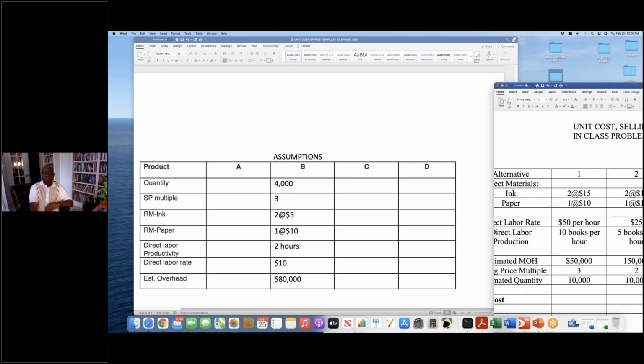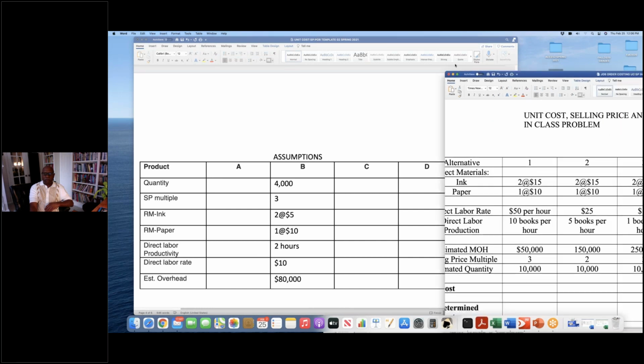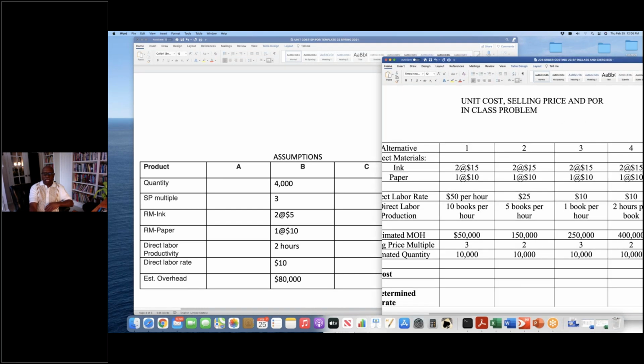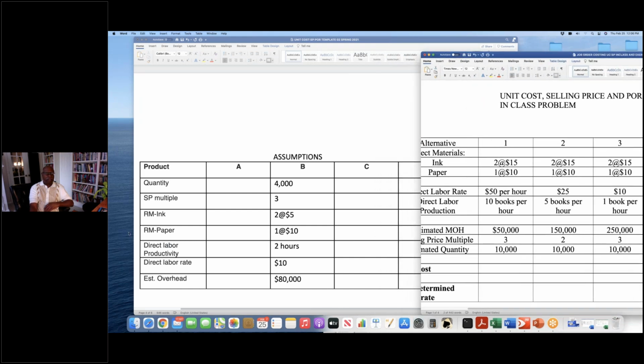So if I look at these assumptions for in class 2, they're not in the same way. So we better put them in.